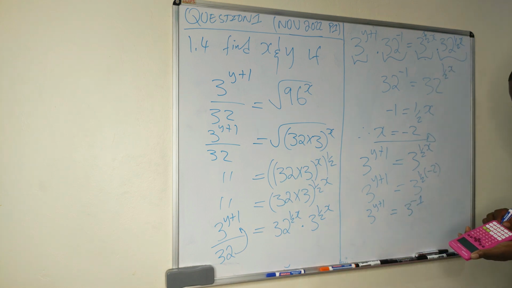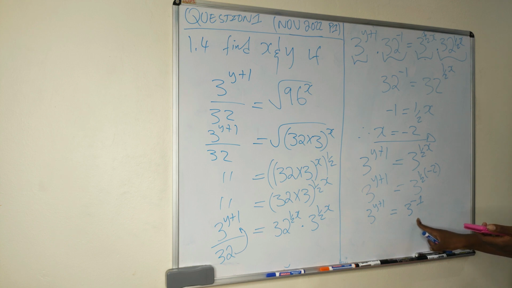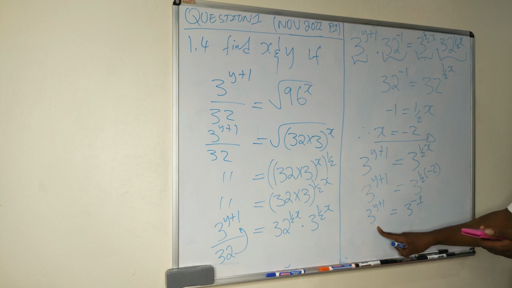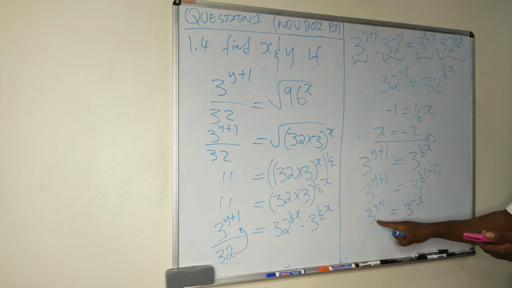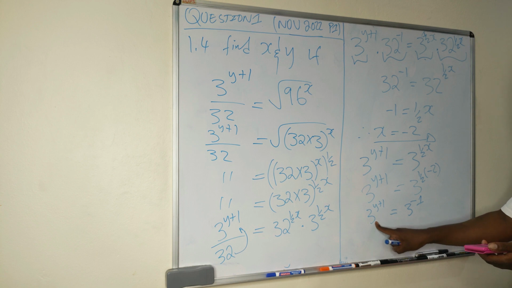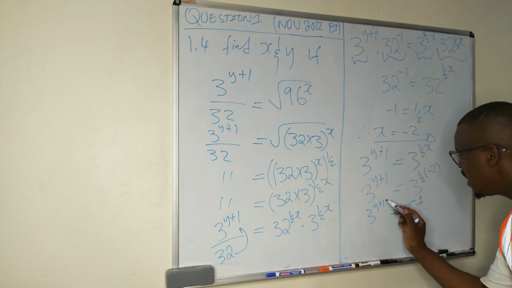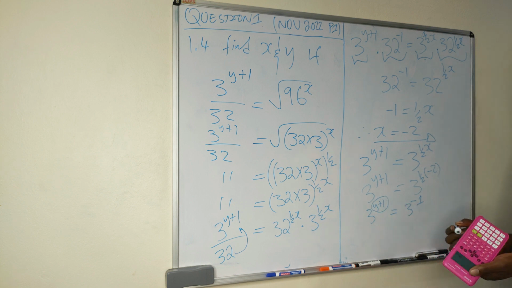If you're saying these two things are equal, you have 3, you have 3. In order for this to be identical to that, it should also have a power of minus 1, which means here on top it should also be minus 1.